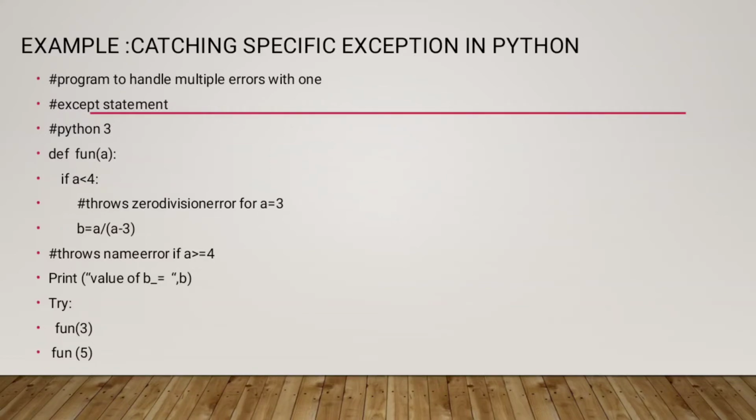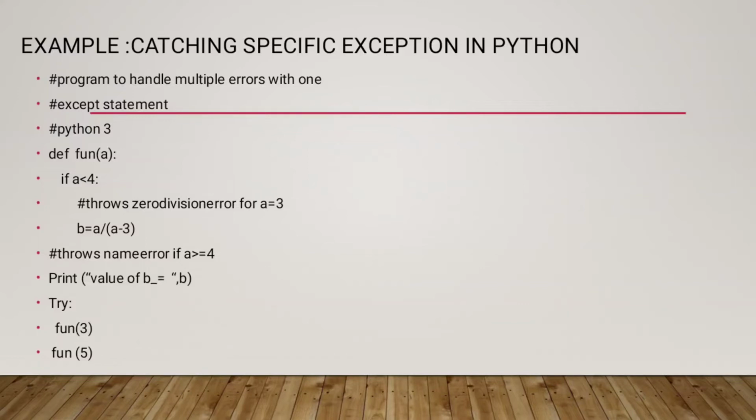The first line is a comment: program to handle multiple errors with one except statement. Then Python 3, and then def fun(a): if a < 4, b = a / (a - 3), print the value of b, and then try: fun(3), fun(5).